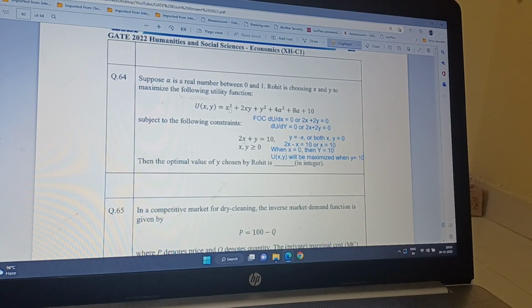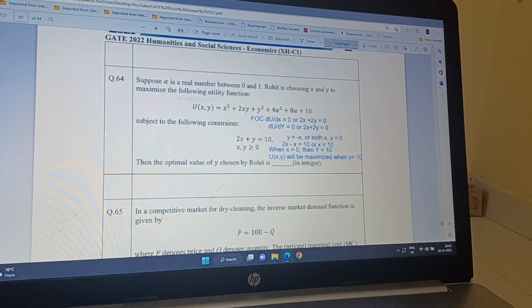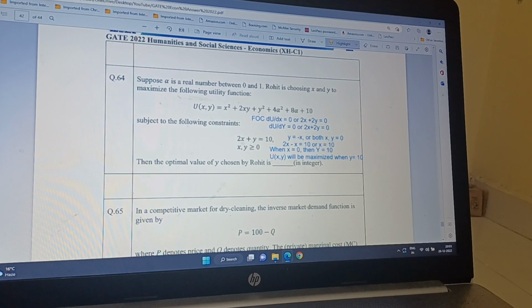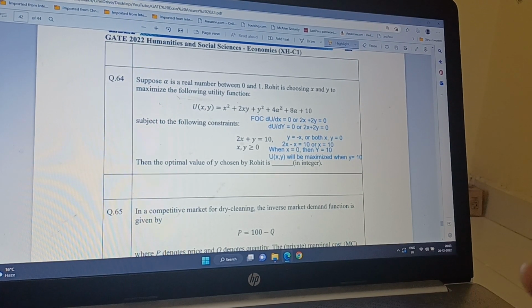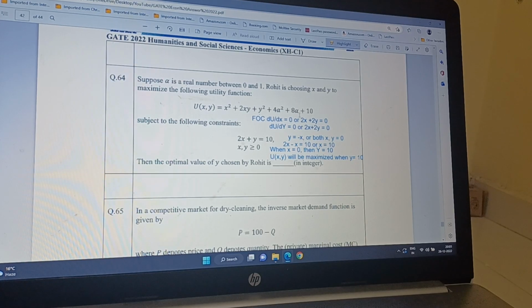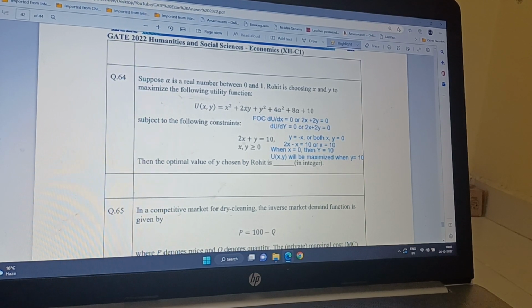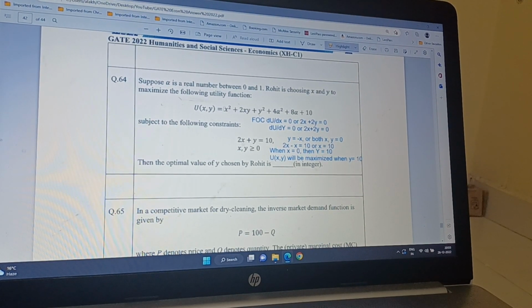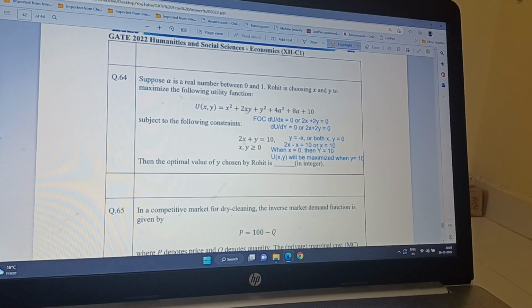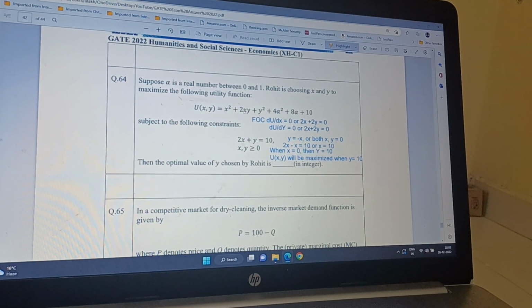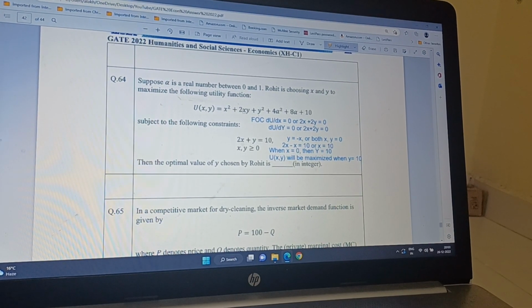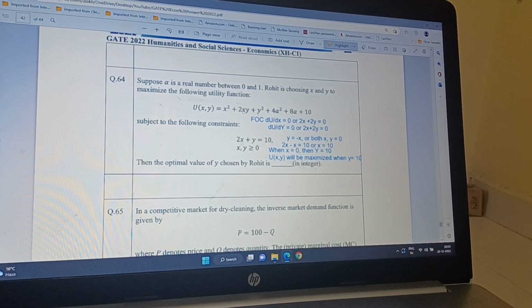It will be only x squared, which will be 100, plus some values of a. So 100 plus 10 plus 4a squared plus 8a. But when y is also 10, it will become much more, 200, and here 410 plus 4a squared plus 8a, that will be the value.